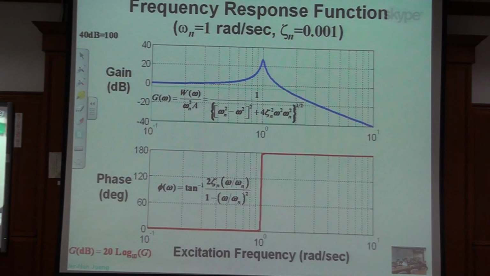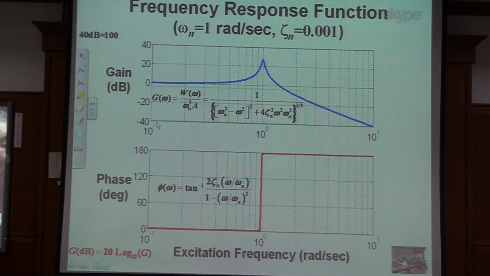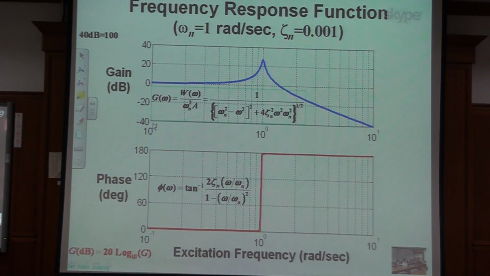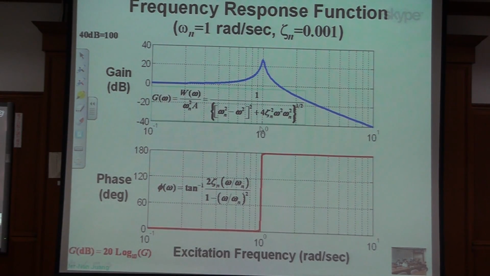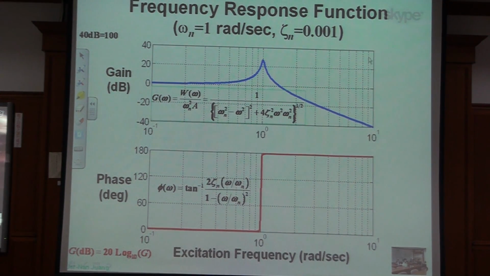If you look carefully at this curve, my gain, do I gain anything? I gain zero if my frequency is very small. My frequency grows from almost zero. Now I'm talking about the input frequency omega.